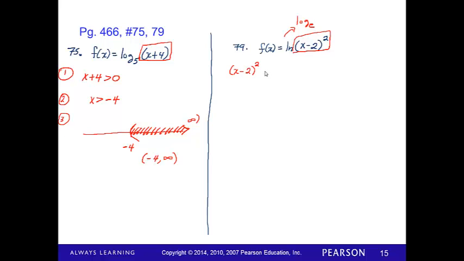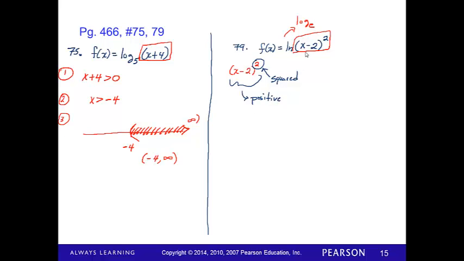And you want to set that greater than 0, right? Let's think about it this way. x minus 2 whole thing squared, because of this square, all of this will always be positive.